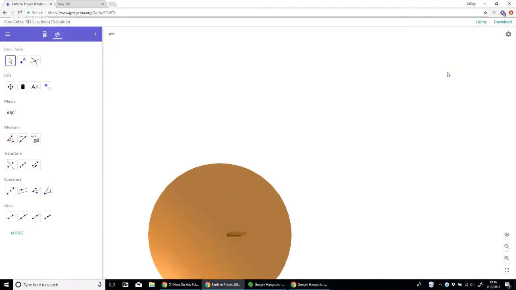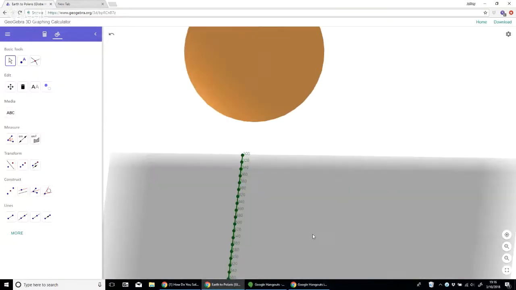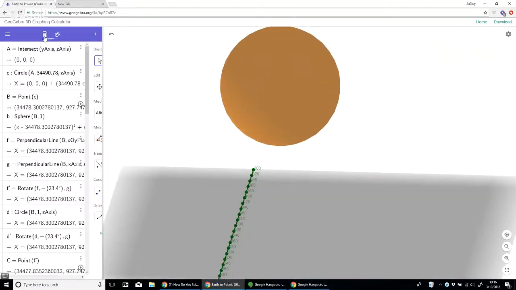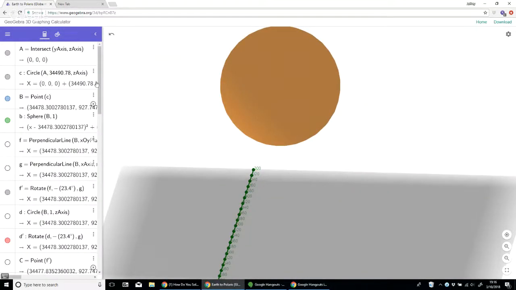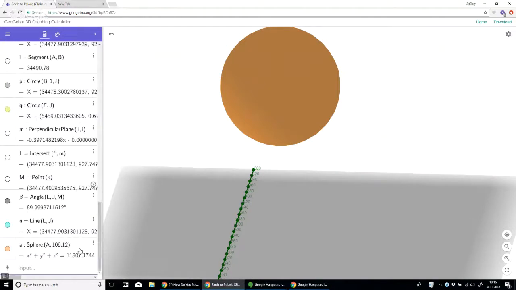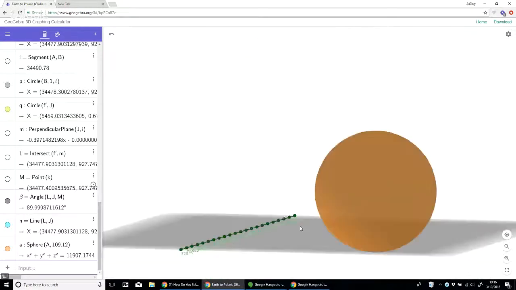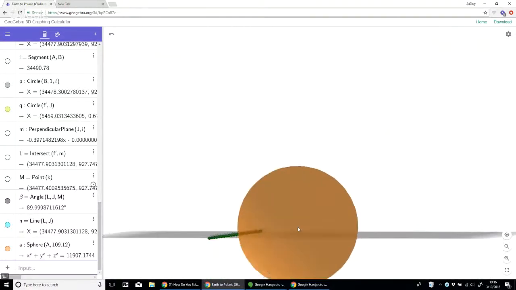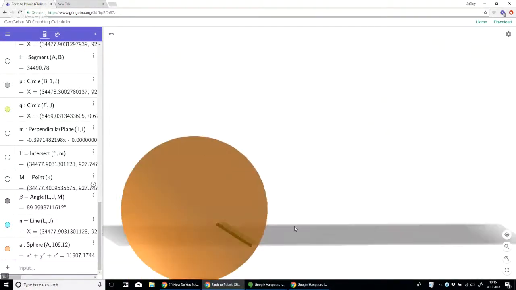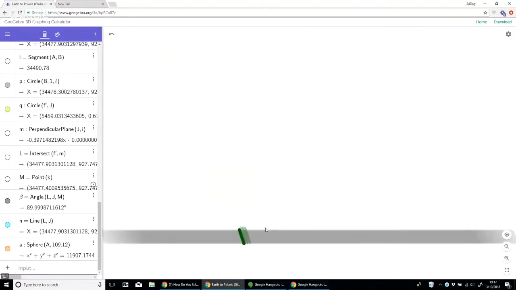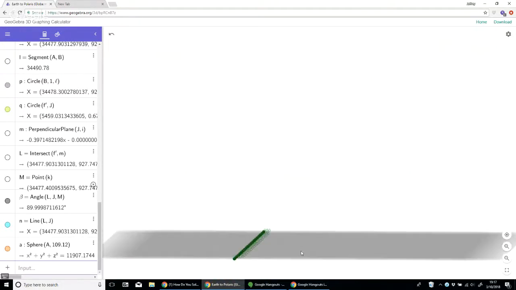Whoa. Oh, shit. I did it wrong. Sorry about that. I screwed up the sun. No, I didn't. Why is the sun looking so weird? Where are my other axes? Where is my Earth?